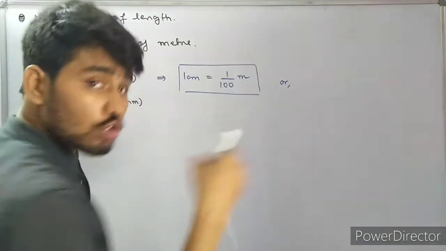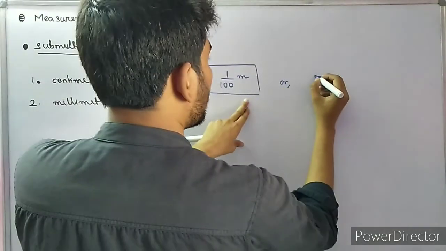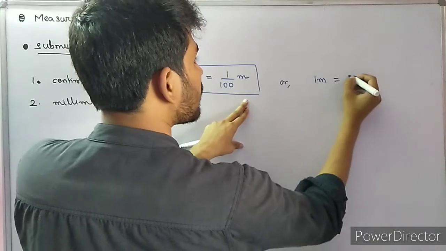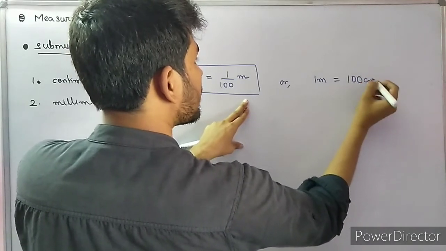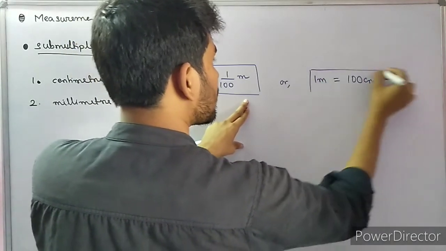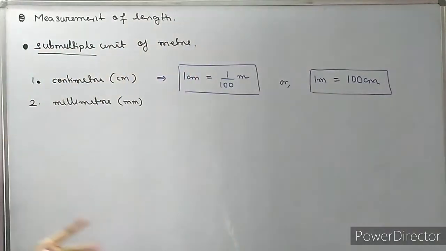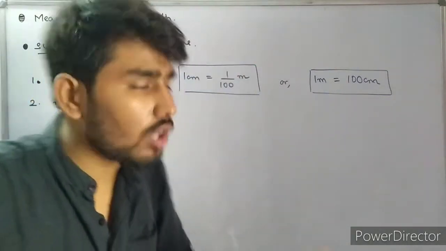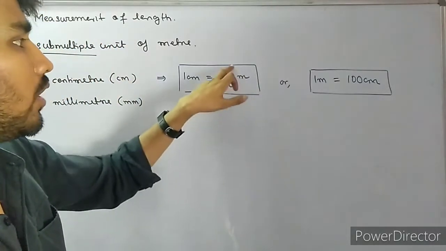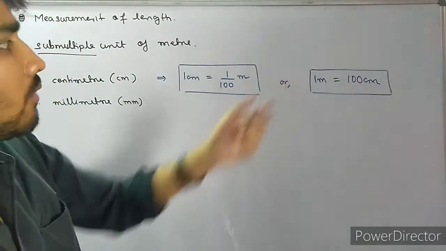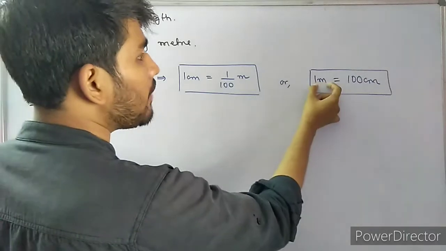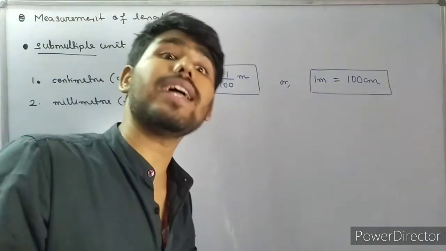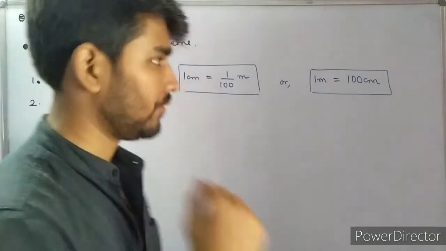Or in other words, 1 meter is equal to 100 centimeter. I hope this is clear. 1 centimeter is a smaller unit. How much smaller? 100 times smaller than meter. In other words, we can also say that 1 meter is 100 times bigger than centimeter.